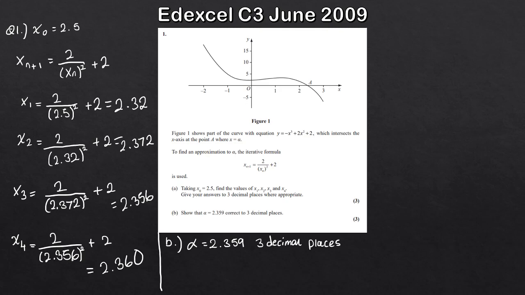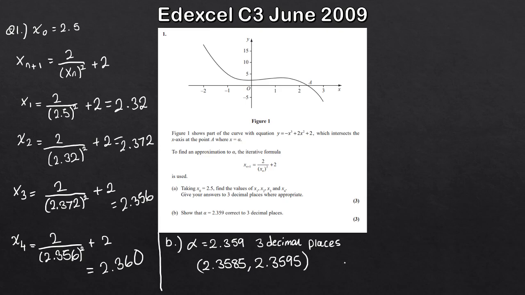The easiest one to consider here for 3 decimal places would be 2.3585, and then similarly 2.3595. We consider this interval. So what do we do with this interval?